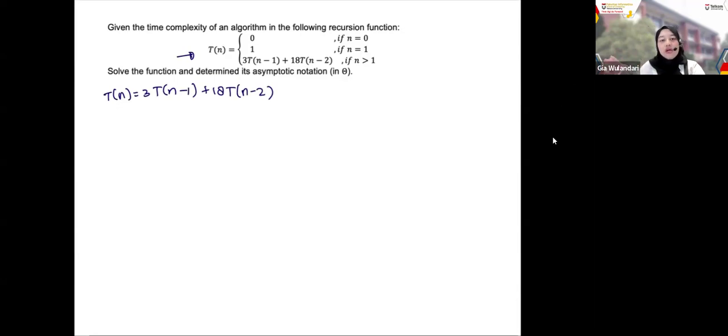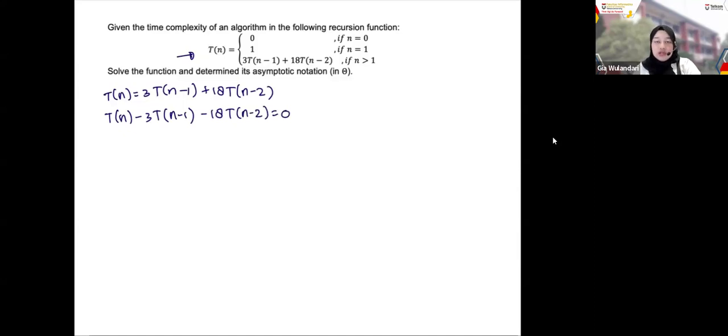So we subtract from both sides 3Tn minus 1 and 18Tn minus 2. So we have Tn minus 3Tn minus 1 minus 18Tn minus 2 must be equal to 0.